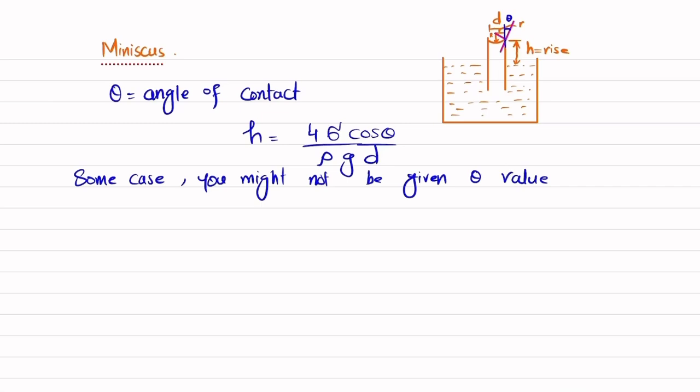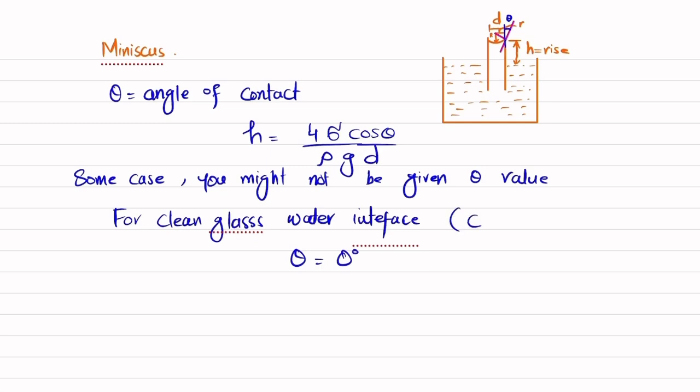So for the case of a clean glass water interface, this theta angle will be equal to 0 degrees, and this will be the case of capillary rise.